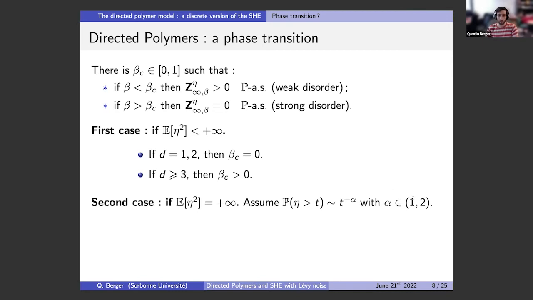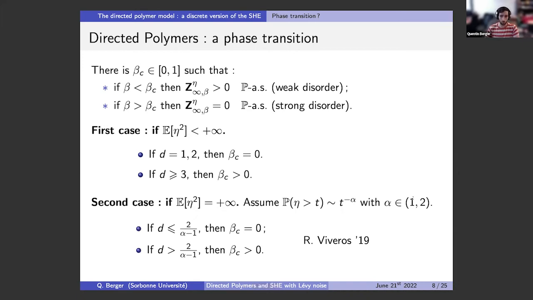It means that you have more easily large values of eta in your environment. So you could think about it as helping to have localization. So the strong disorder phase should be larger. It should be easier for disorder to be strong.